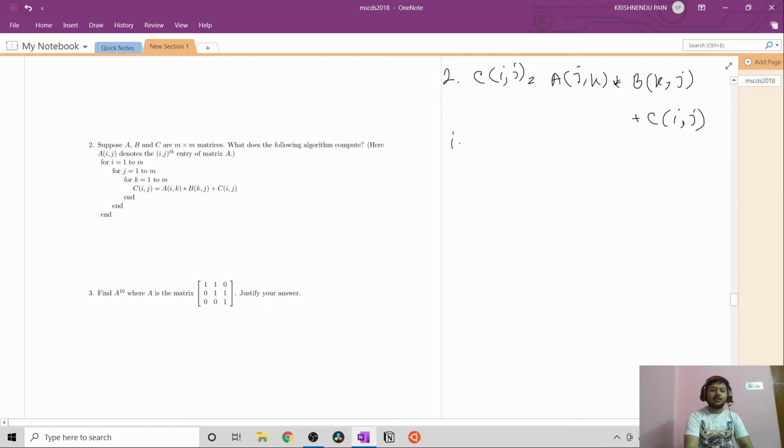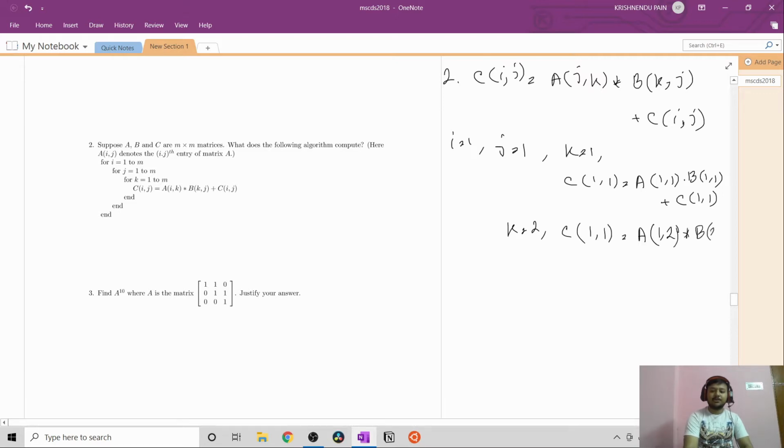For i equal to 1, j equal to 1, for k equal to 1, it is computing c11 equal to a11 into b11 plus c11. For k equal to 2, it is computing c11 equal to a12 into b21 plus c11. This c11 is actually this one. So by this process we are calculating the matrix AB plus C.